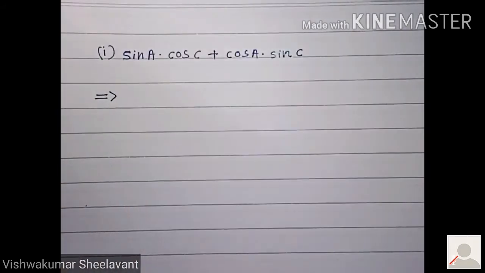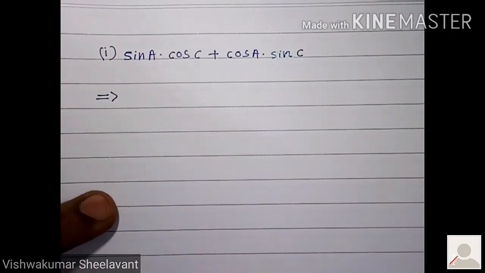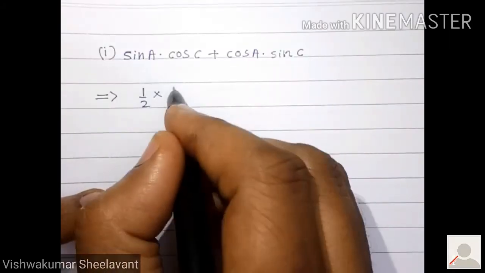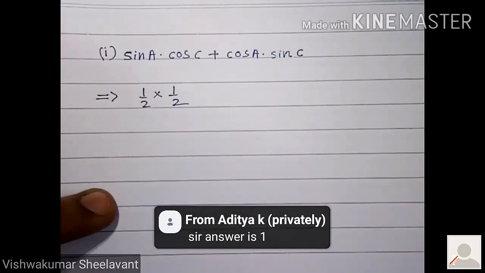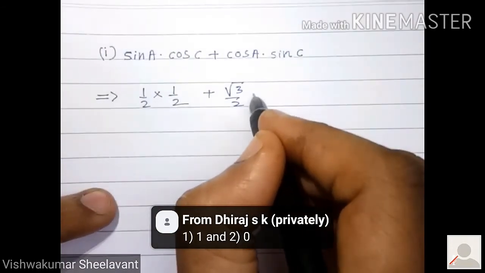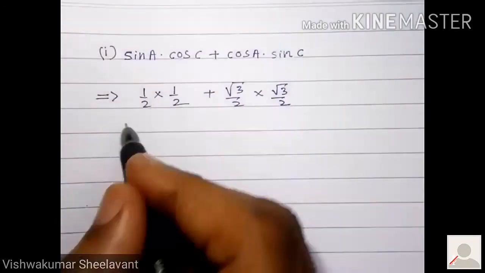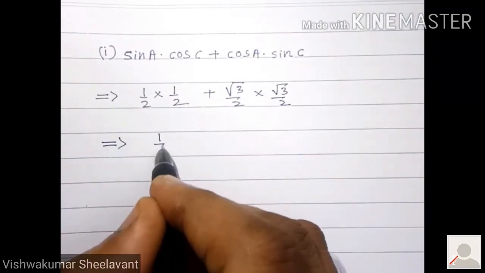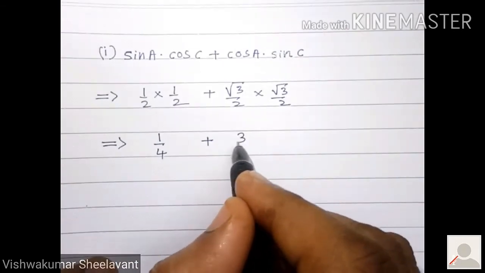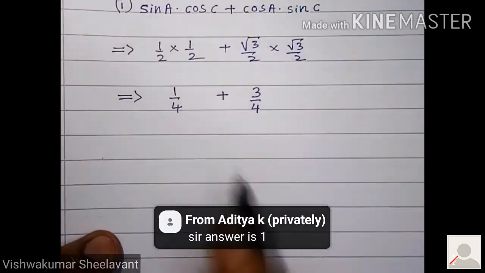Sin A, you got half. Cos C, you also got half, plus cos A, you got root 3 by 2, and sin C, you got root 3 by 2. 1 by 2 into 1 by 2 is 1 by 4, plus root 3 into root 3 is 3, 2 into 2 is 4. 1/4 plus 3/4 is equal to 1.